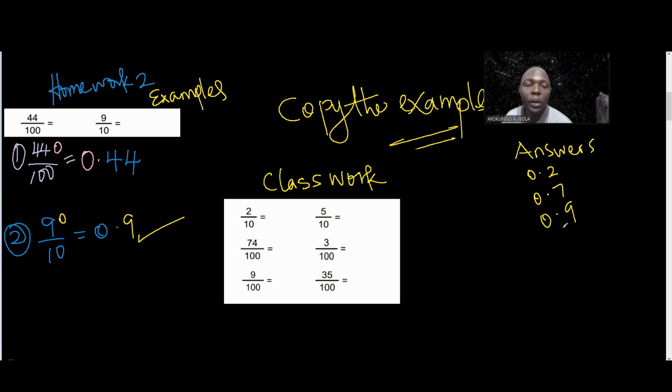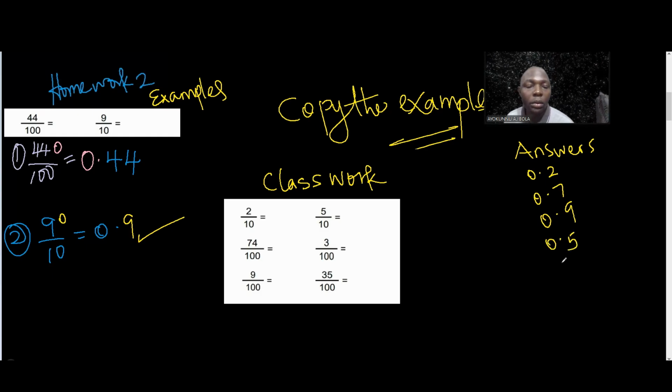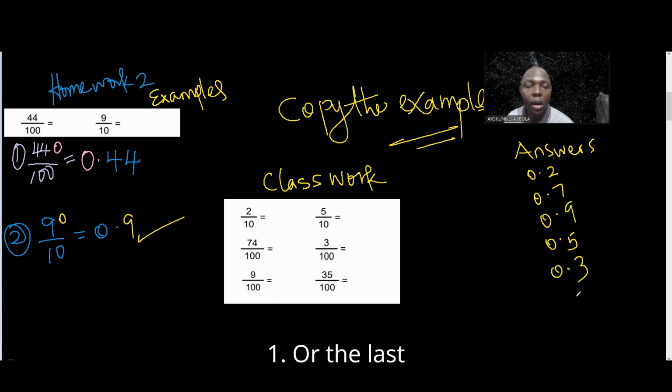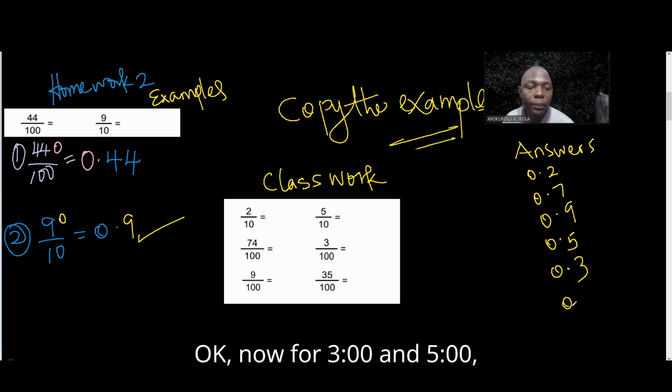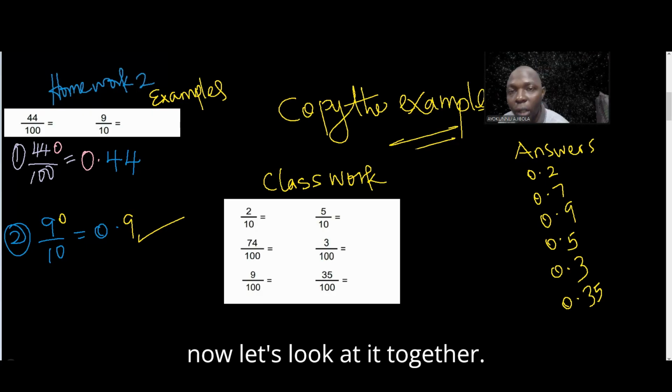The next one? 0.5. Okay. The next one? 0.3. Next one? Or the last one? 0.3. Okay. Now, Alpha. 3 and 5, right? Okay. Now let's look at it together.